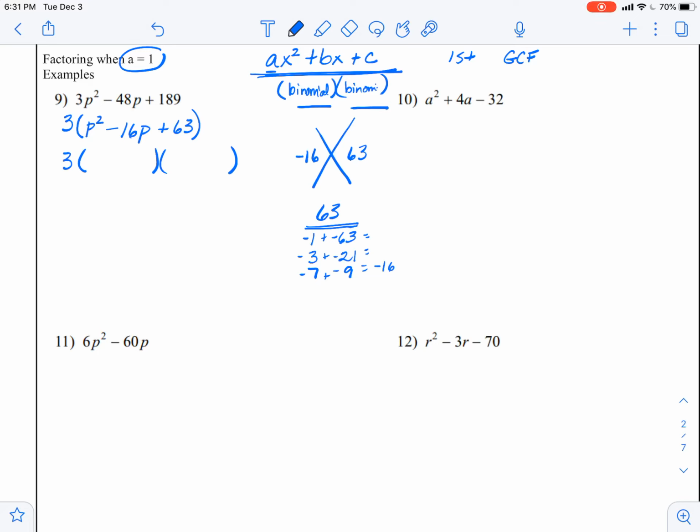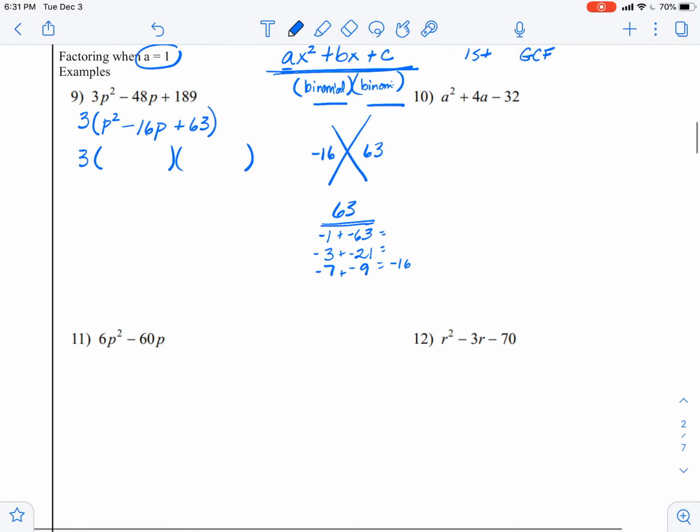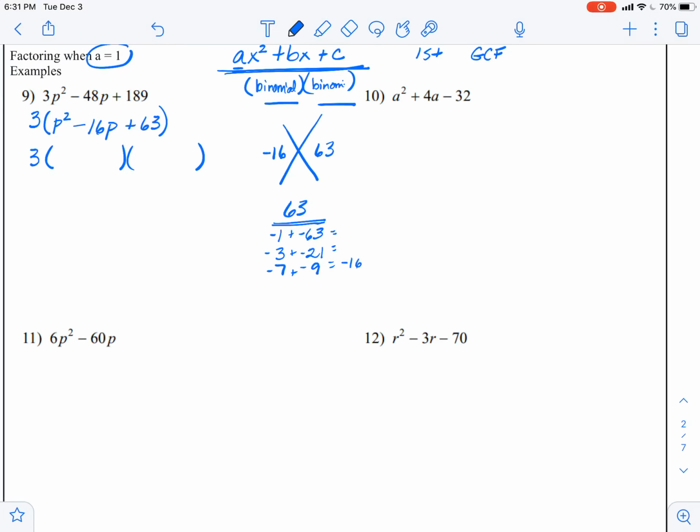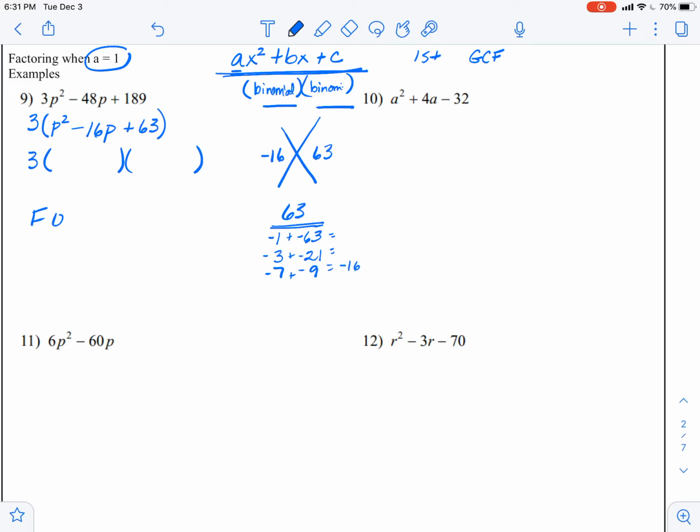So what happens then is when I come over here, we'll keep that in mind, those two numbers that we just said. So I first say, remember we're doing FOIL. So this first number, remember FOIL, so keep that in mind. When I multiply my first 2, I'm going to get that number. Okay, so what do I need to multiply to get p squared?